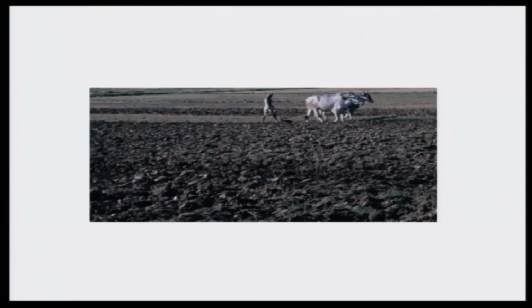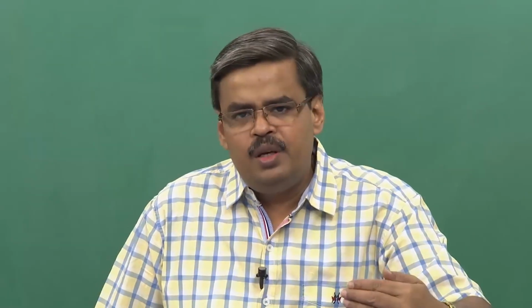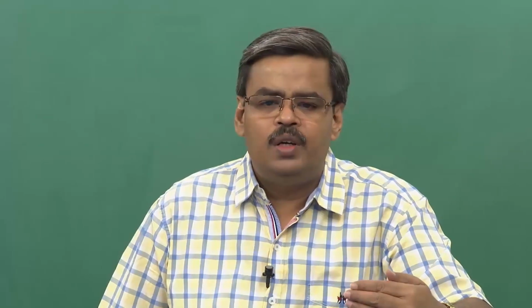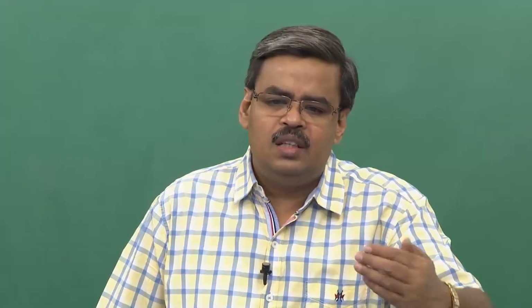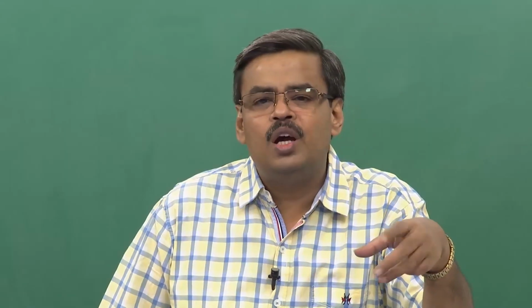And this gives you a feel that things which are nearer, in terms of texture gradient, will have a much coarser texture with details, whereas things which are at a distance do not have that. The texture does not have those coarse details, and therefore, you realize that the texture becomes more and more fine.